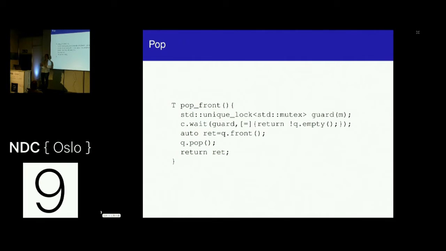If we're popping off the front, then we can lock our mutex. We can wait on our condition variable using our lock, checking for the case that the wrapped queue is not empty. And when the wrapped queue is not empty, we can then take the front value, remove it from the queue, and return.